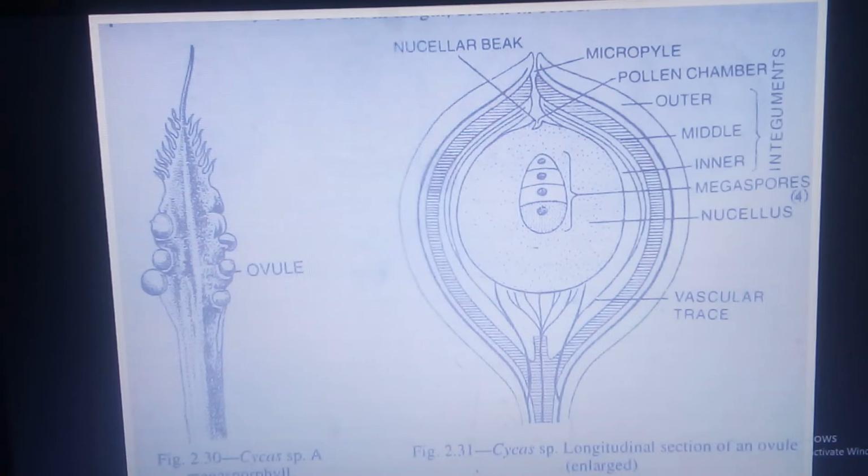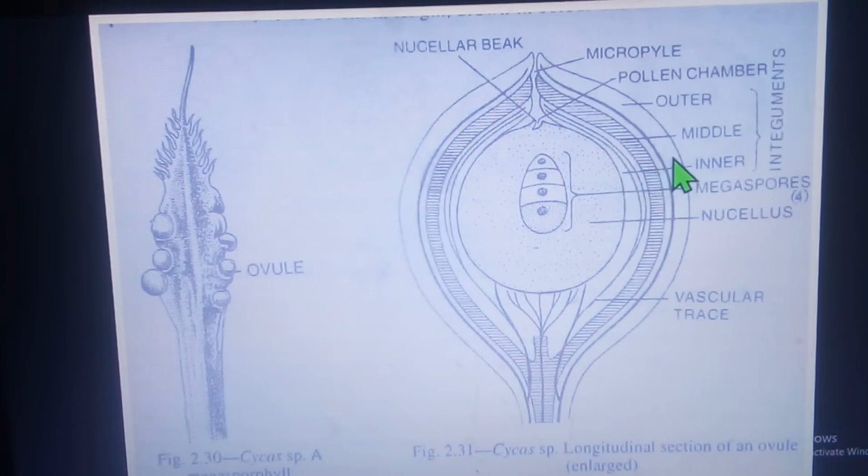In a mature ovule, we have a massive nucellus surrounded by a thick integument. You can see here, this is the integument and it's very thick. The integument is differentiated into 3 layers: the inner layer, the middle stony layer, and the outer fleshy layer. These are the 3 layers of the integument.